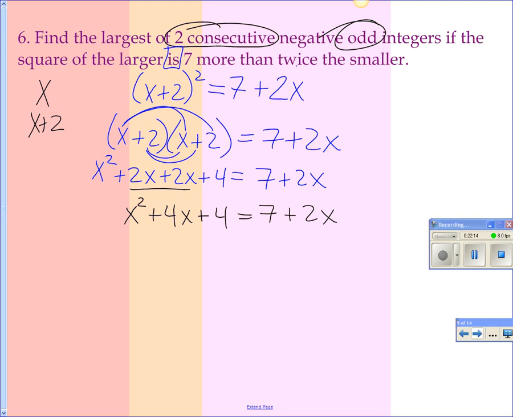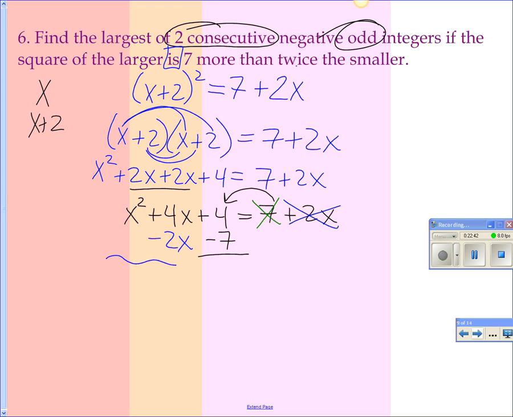You got to move it to the left. So we move the 7 over, and it becomes negative 7. What can I put it with? The 4. So I'm going to put negative 7 right there. What else moves? And it becomes what? Negative 2x. And you can put it with the 4x.